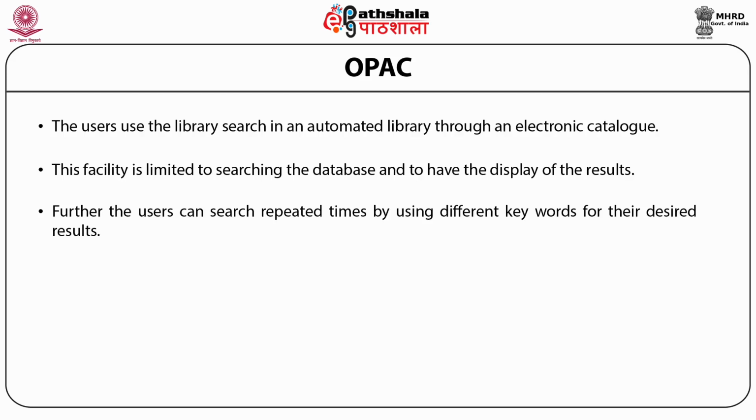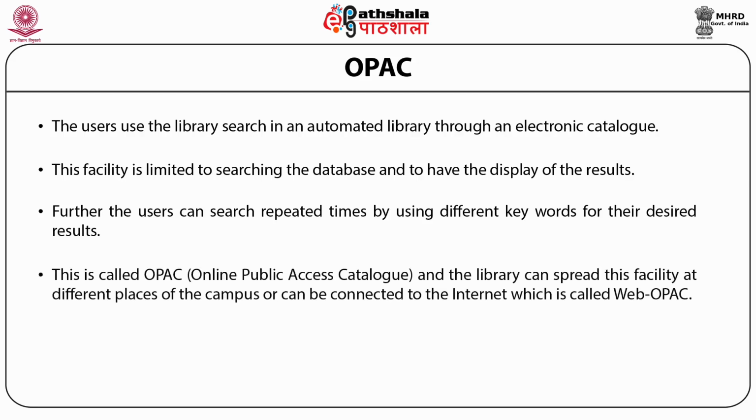OPAC is open for the user especially. Sometimes they try certain keywords to see whether any documents are there in the library related to them. Sometimes they fail, and different kinds of users are there. The novices, the newcomers, don't get the suitable keywords for searching. So it allows for repeated trials until they get their desired result.